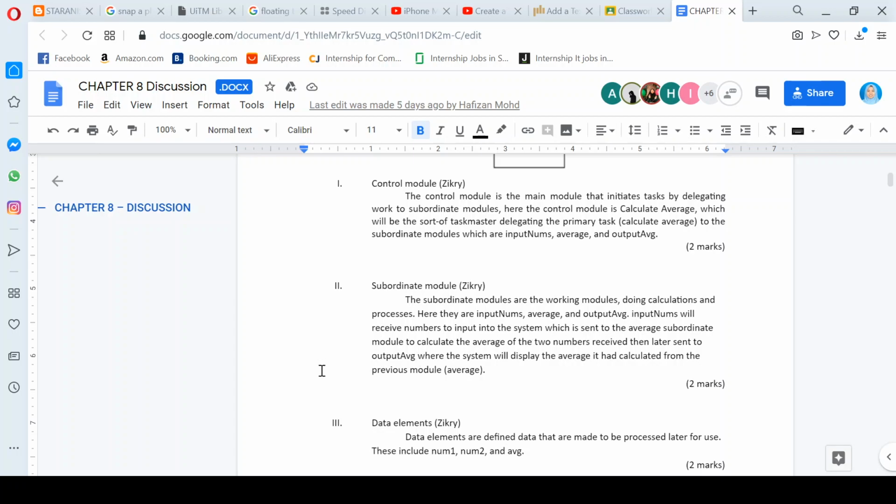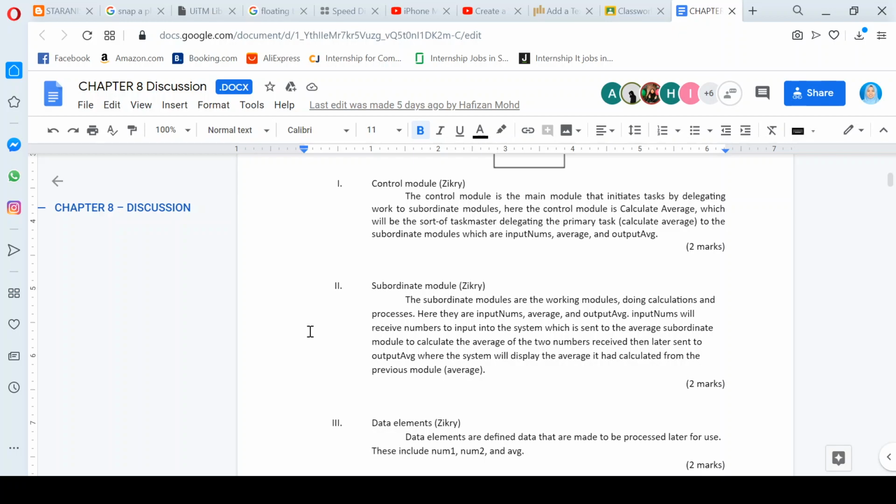0. So untuk melukis structure charts, first you must have your diagram 0. So bila kita ada diagram 0 from our DFD, baru kita boleh lukis structure. Okay, so that is a quick recap about structure charts, di mana kita ada control module, subordinate module, and also data element.